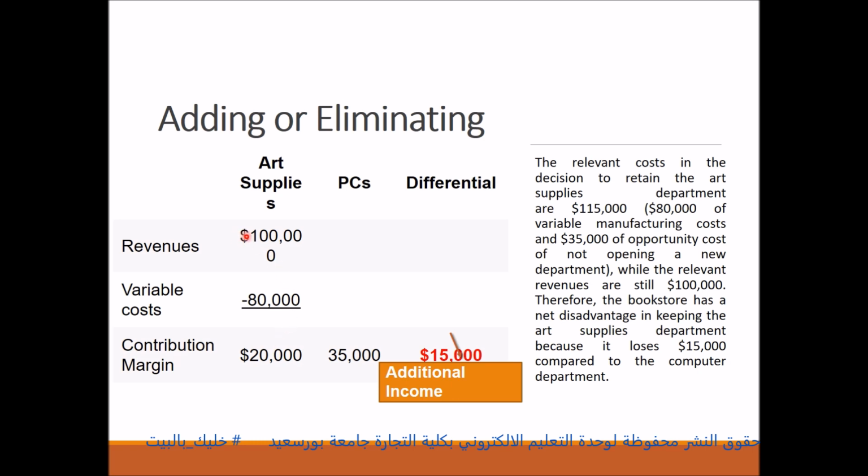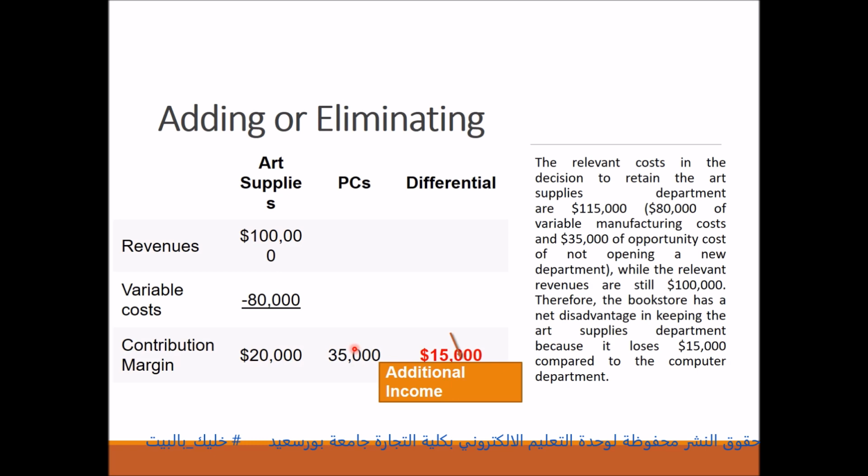In specific, the art supplies department generates $100,000 sales revenues. The variable cost is $80,000. The difference between revenues and variable cost represents the contribution margin. Art supplies department generates $20,000 contribution margin.